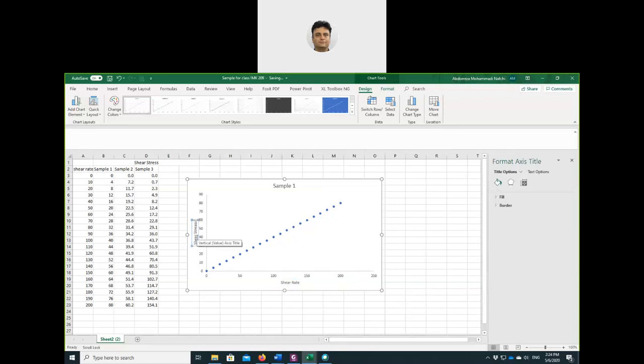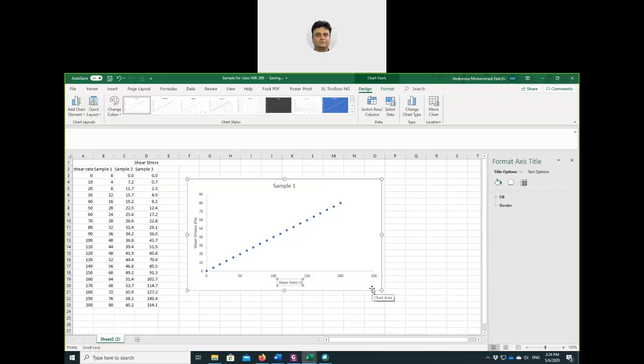Don't forget to put the units. This is Pascal, and shear rate is second to the power of minus 1, or you can put 1 over second.